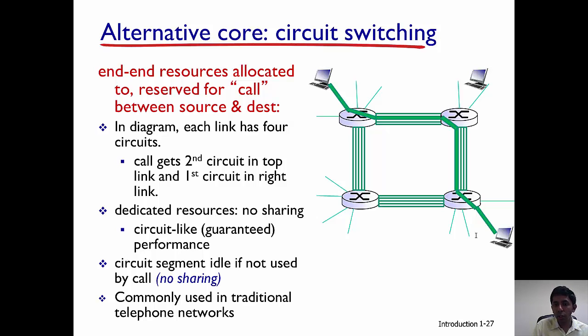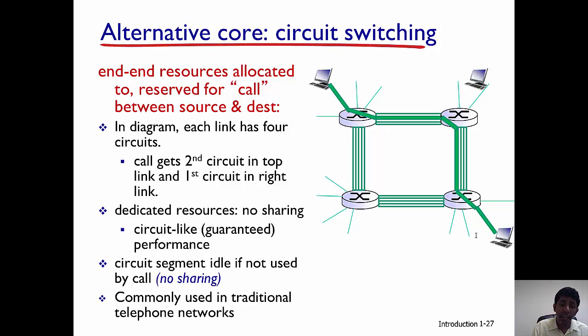In a circuit switch network, first there is no sharing. The entire end-to-end resource has to be first allocated before data can be transmitted. It gives the circuit-like behavior. So it's used in a telephone network, especially in the landline that you have in your home.